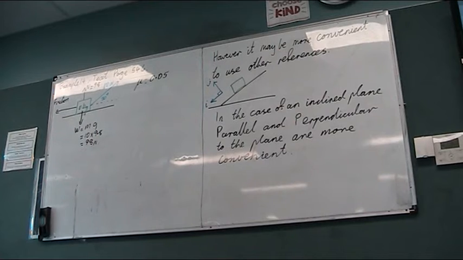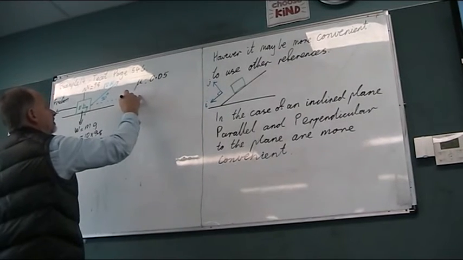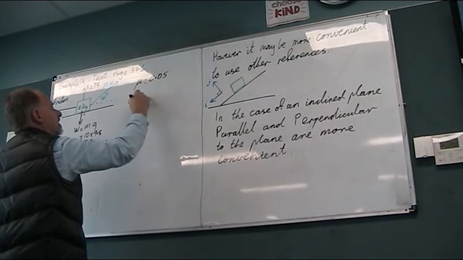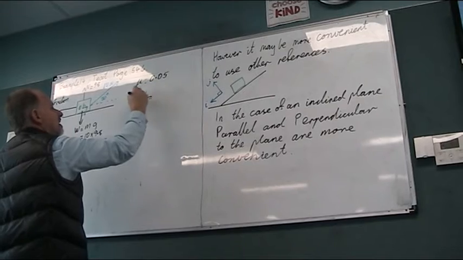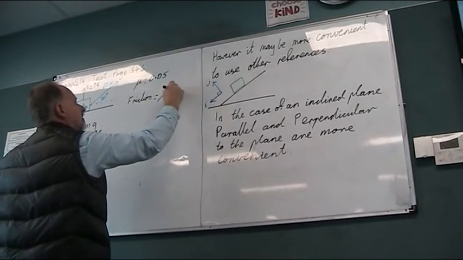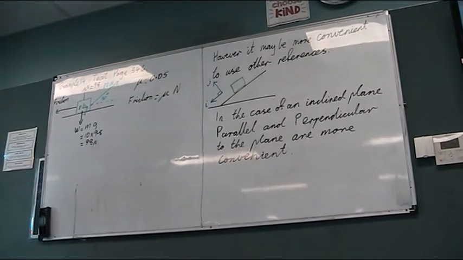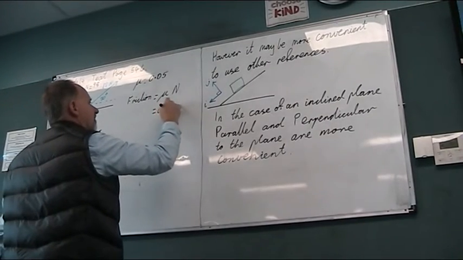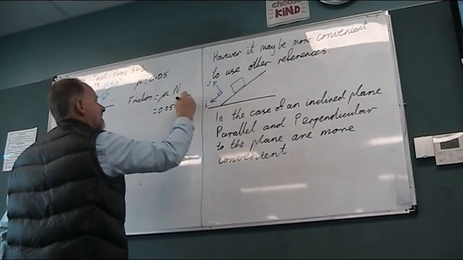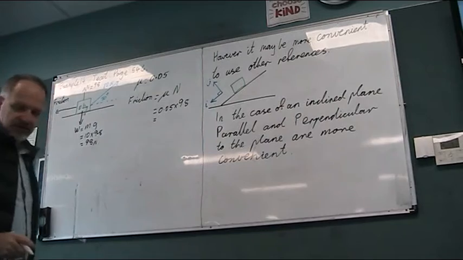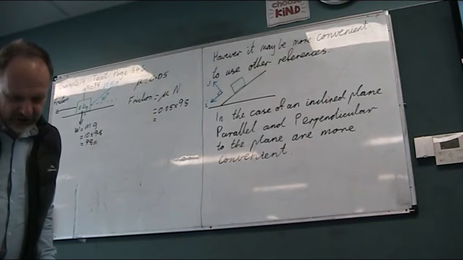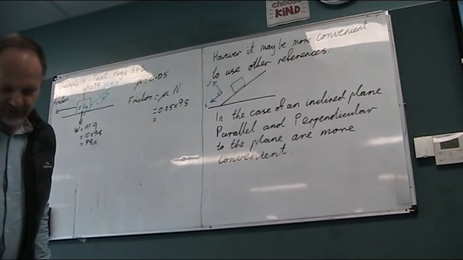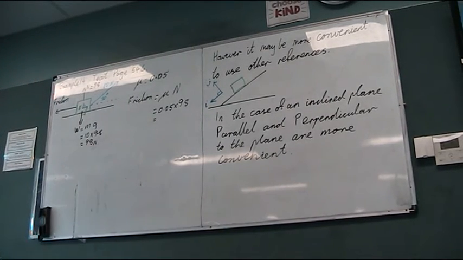Alright, and so what we know is that friction, from yesterday, is mu N, and so that's 0.05 times 98, which according to my calculations comes out to, no, I haven't calculated.